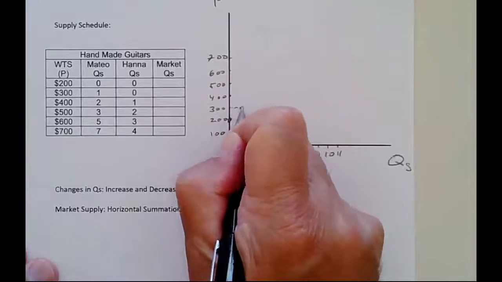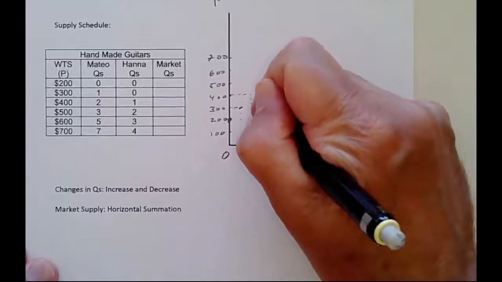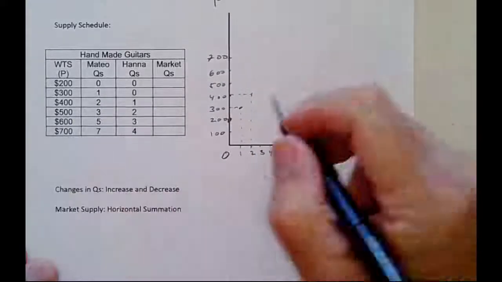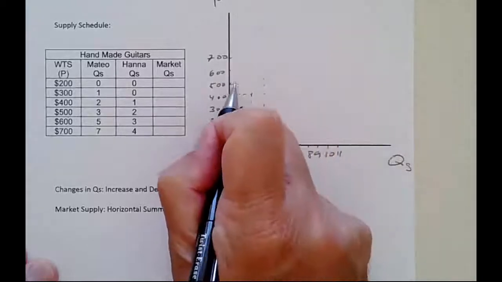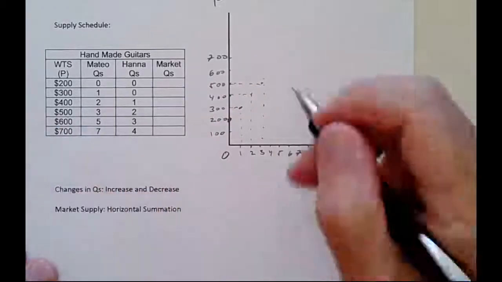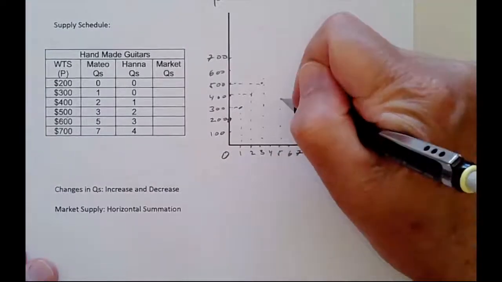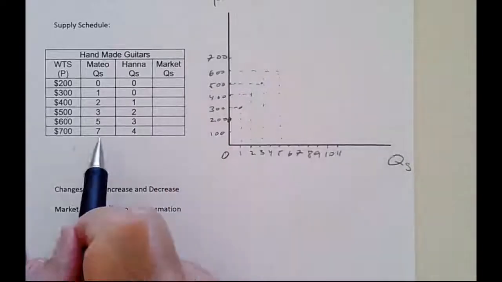Price is $400, Matteo would make 2. $500, Matteo would make 3. At $600, Matteo will make 5. At $700, Matteo would make 7.